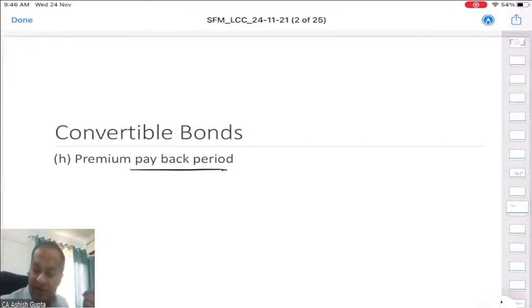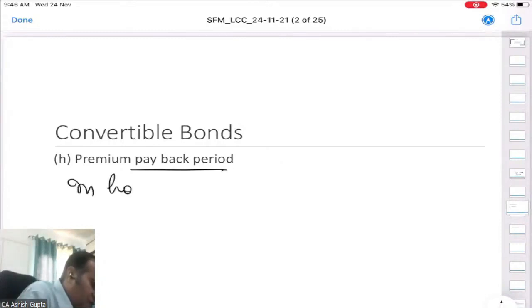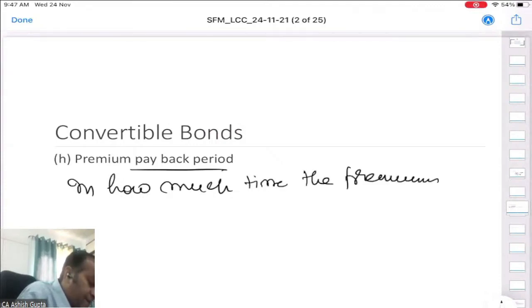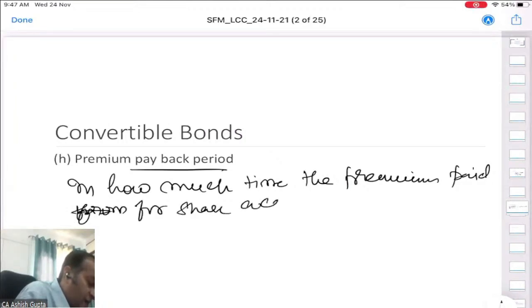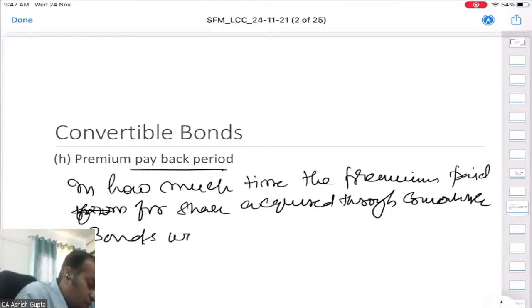Premium payback period means in how much time the premium paid for shares acquired through convertible bonds will be recovered.